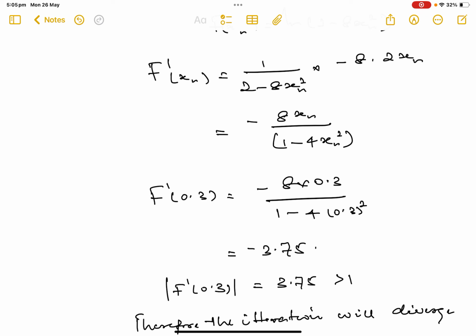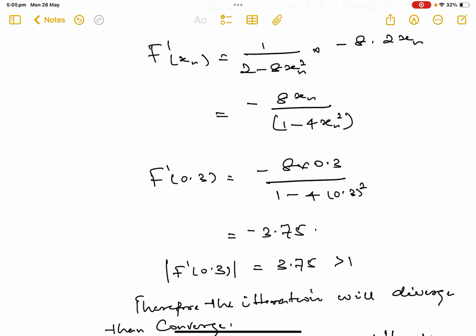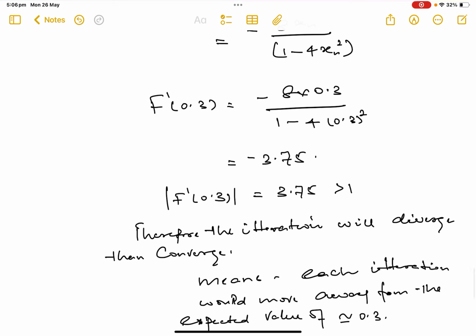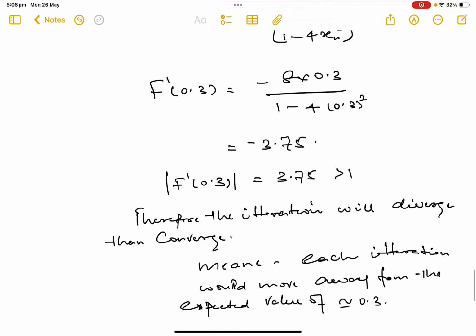So f dash 0.3: substitute the value for xn, minus 8 times 0.3 divided by 1 minus 4 times 0.3 squared. That is calculator work. That gives us minus 3.75, right?